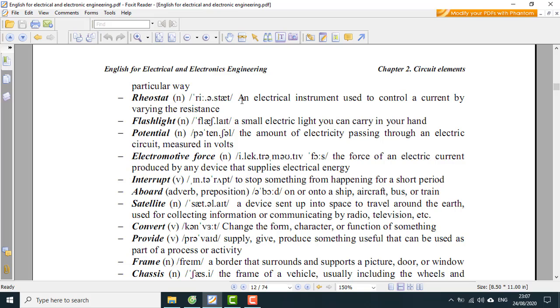Flashlight, a small electric light you can carry in your hand. Potential means the amount of electricity passing through an electric circuit, measured in volts. Electromotive means the force of an electric current produced by any device that supplies electrical energy.